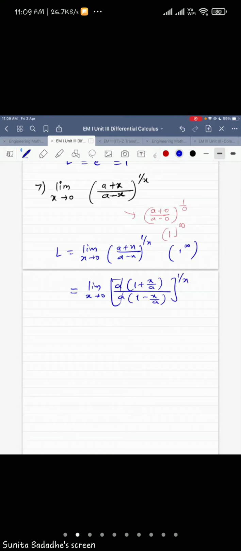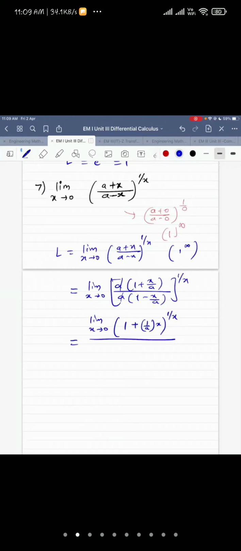And then this is limit x extending to 0, and I'll write the limit for numerator and denominator separately. So it is 1 plus 1 by a x raised to 1 upon x, and limit x extending to 0, 1 minus 1 by a x raised to 1 upon x.